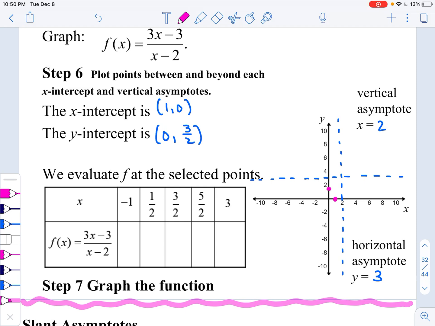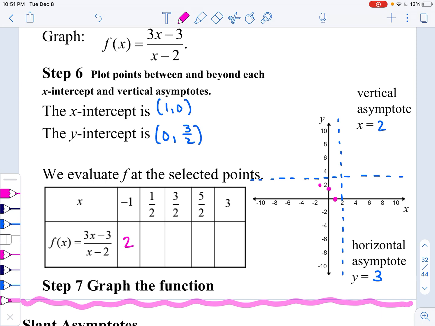To save time, you just plug these numbers in for x and solve. So 3 times negative 1 minus 3, over negative 1 minus 2, we'd end up with a positive 2. You can check it in your calculator later. So at negative 1, we'd be at positive 2.